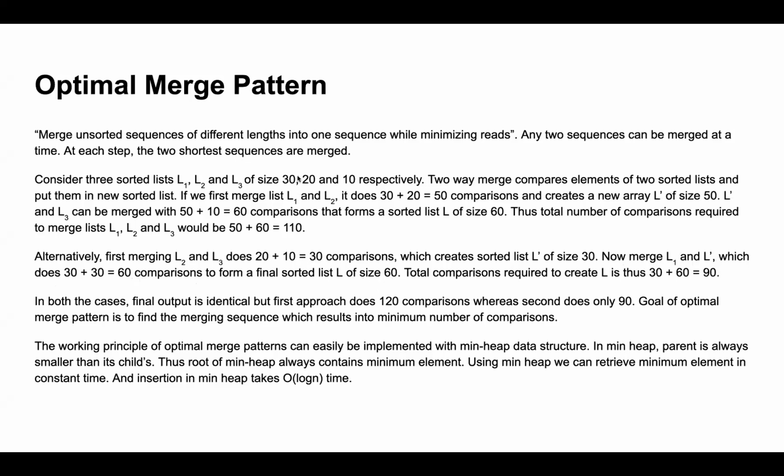Yes, merging L2 and L3 is 20 plus 10, equal to 30, and that 30 is then compared with L1, which is also 30. So 30 plus 30 are all the comparisons we could do, which is equal to 60.